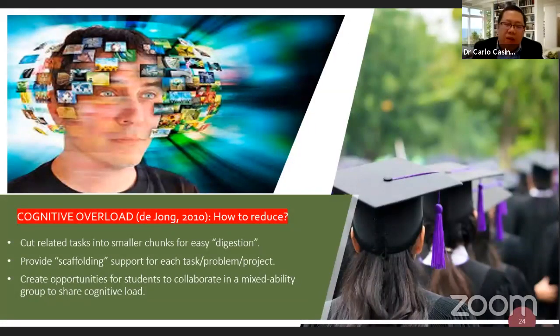Now, cognitive overload. When you manage your class collaboration, you also have to neutralize the threat of cognitive overload. And this is really a real threat in your classroom pedagogy. You know what? Sometimes we teachers, and I'm also guilty of that, okay? We have the tendency to give full details of the task to our students, thinking that these details, even though they are non-essential, would enable our students to accomplish the task competently.